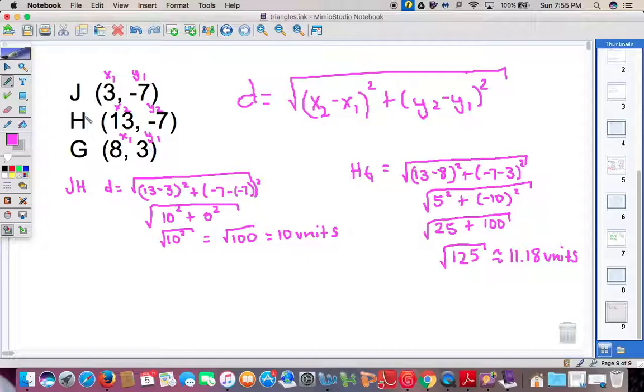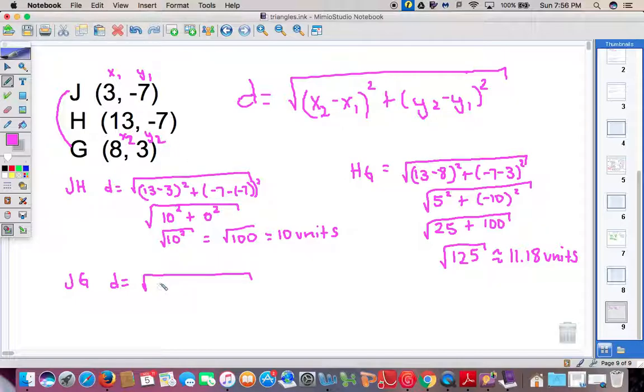Okay, and the last side that I need to find is JG. Let's let J be my x1, y1, and G be my x2, y2.